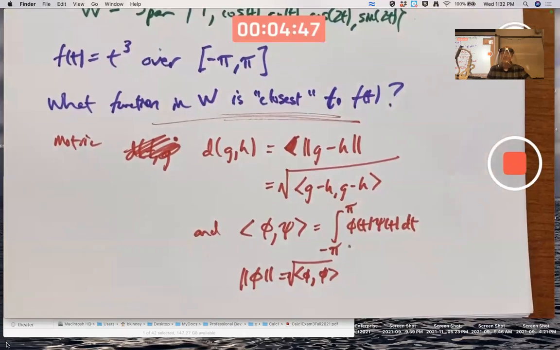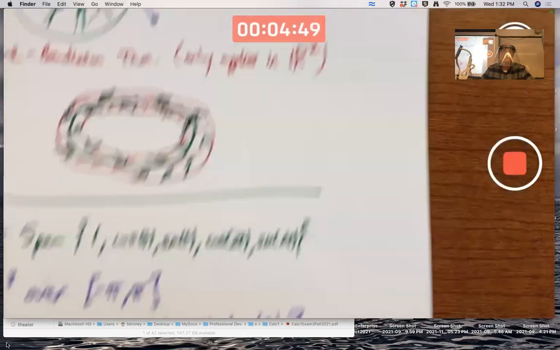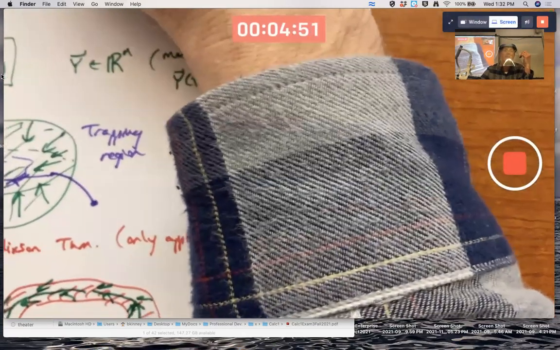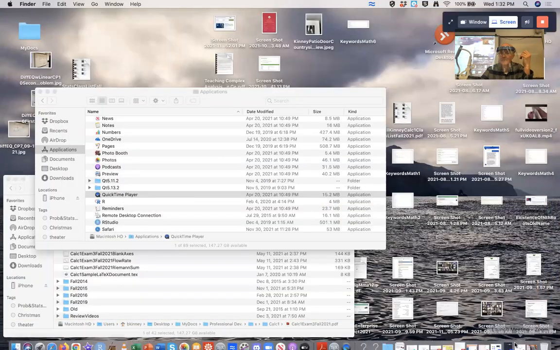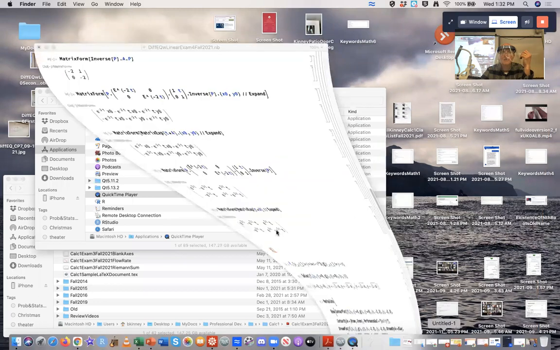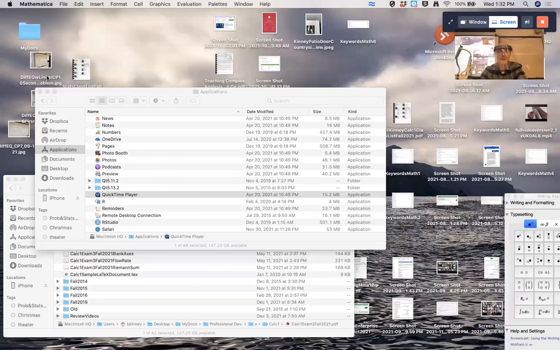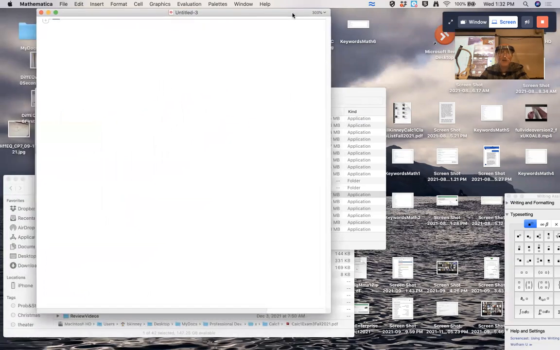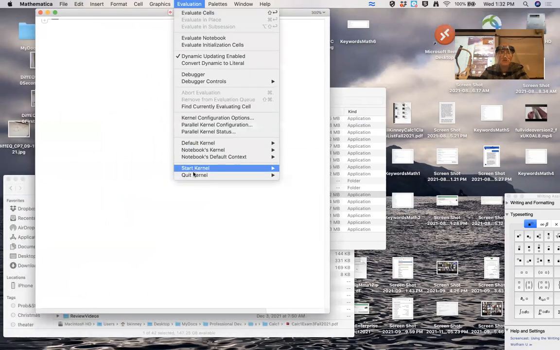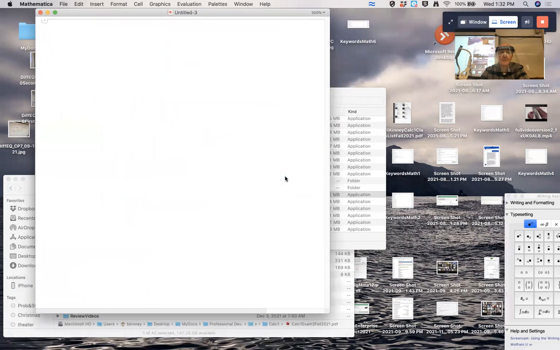Let's make this concrete. It's still worth, I think, a few more minutes here. Make this concrete by doing some calculations with the computer. Let me clear my kernel just in case there's anything that's going to mess it up.